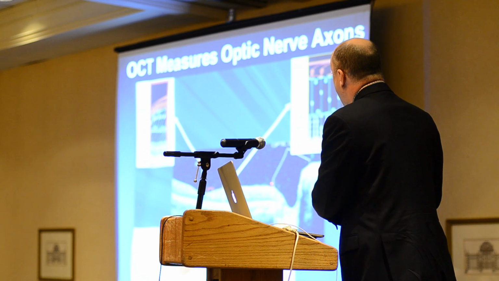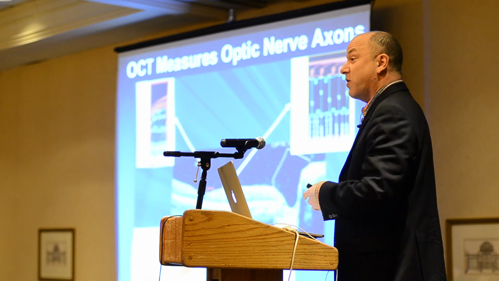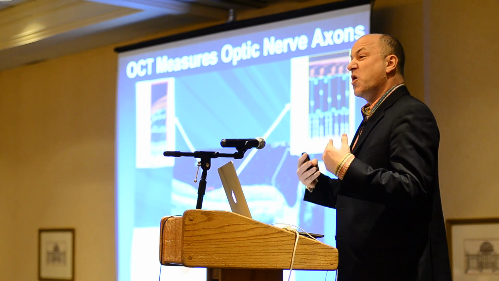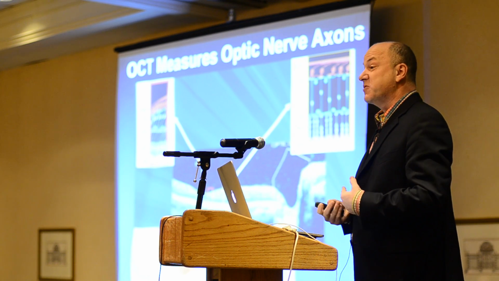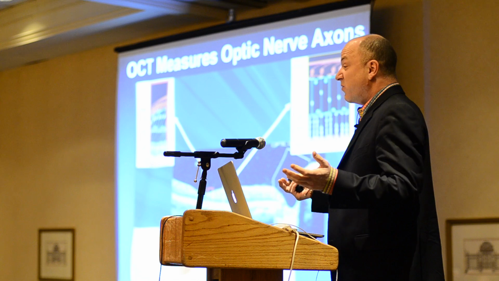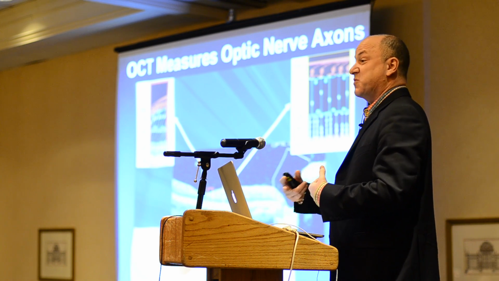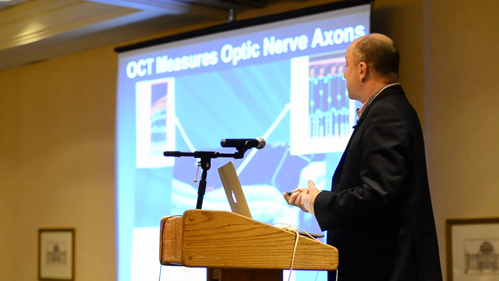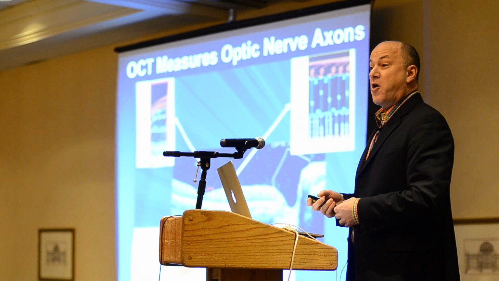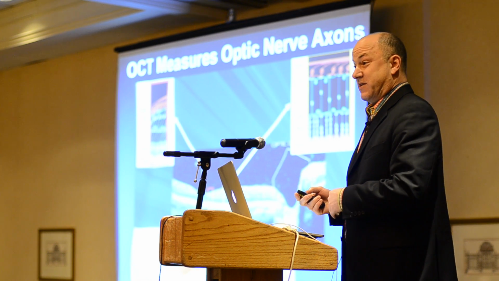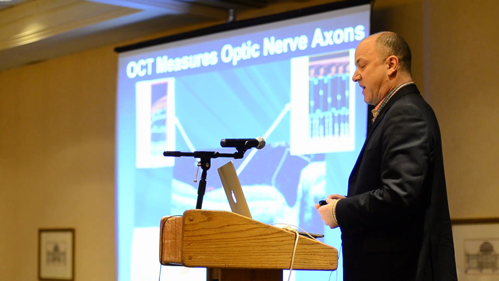And so when we anatomically measure this layer right here, which we call the retinal nerve fiber layer, we're getting a carte blanche view of the amount of cables that make up the optic nerve without the mess of having to figure out how much of that tissue is white matter or myelin. So this is our ability to measure axons free of all the noisy information that comes from having to measure the damage to the covering of those axons.